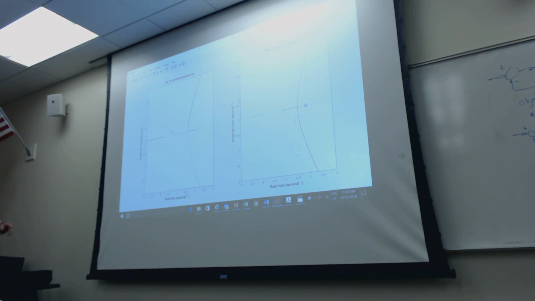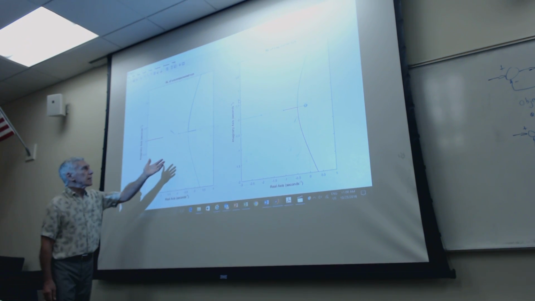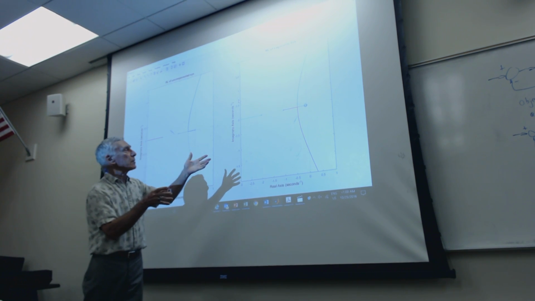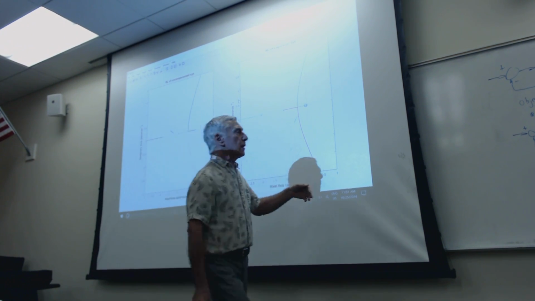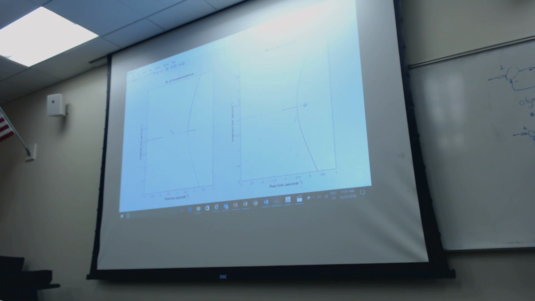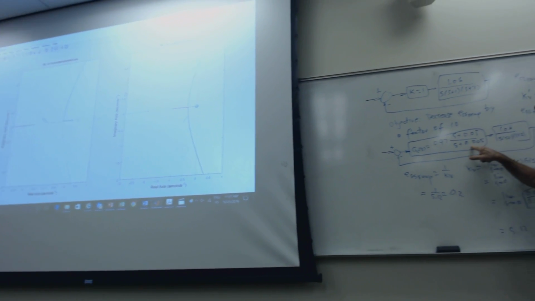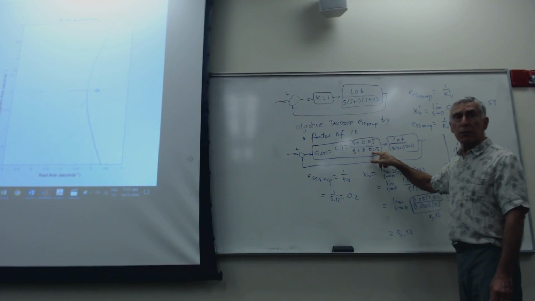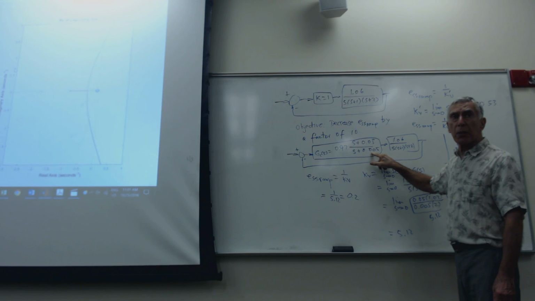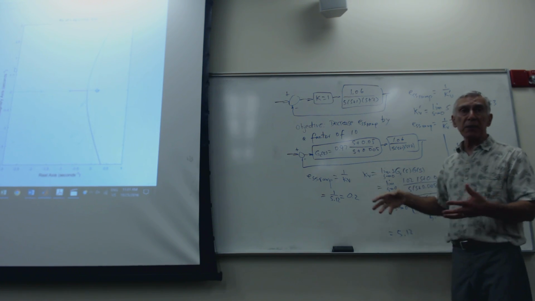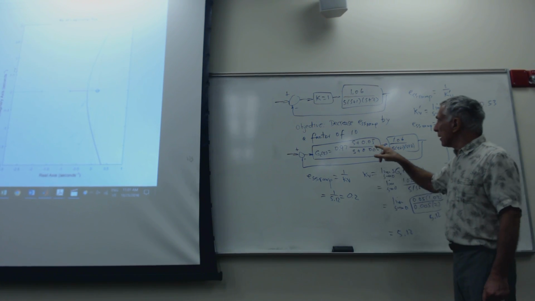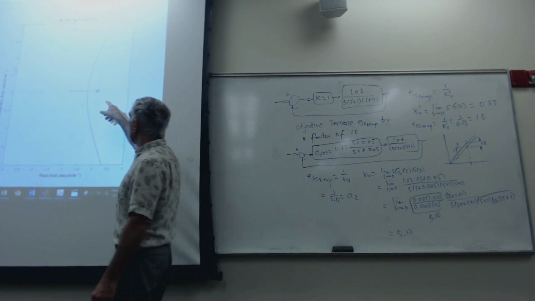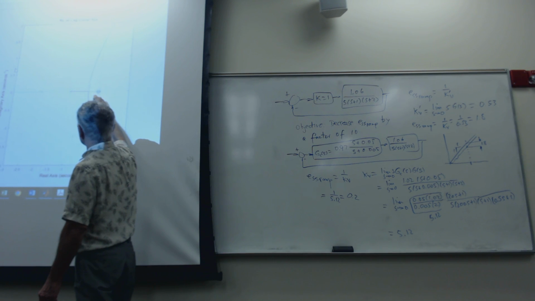So the left one here is for the uncompensated system, and the right one is for the lag compensated system. So you see those, the compensator zero and pole are very close to the origin, right? 0.05 and 0.005, right? The poles are there at 0.005. And so it's practically at the origin itself. And this one is also quite close. So it's all shown here.